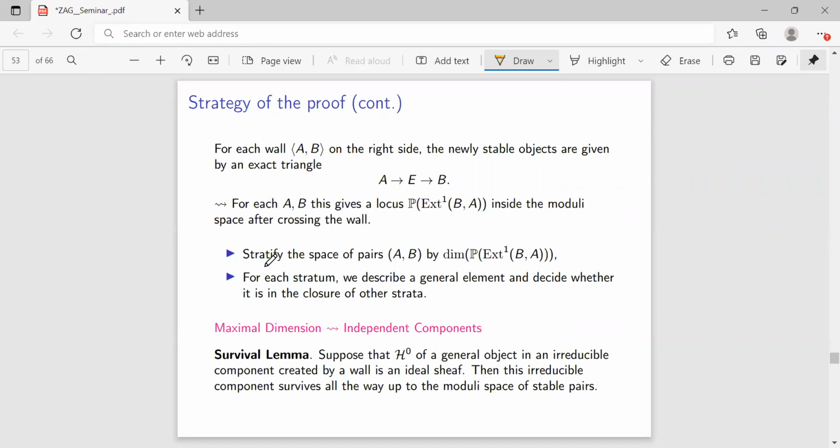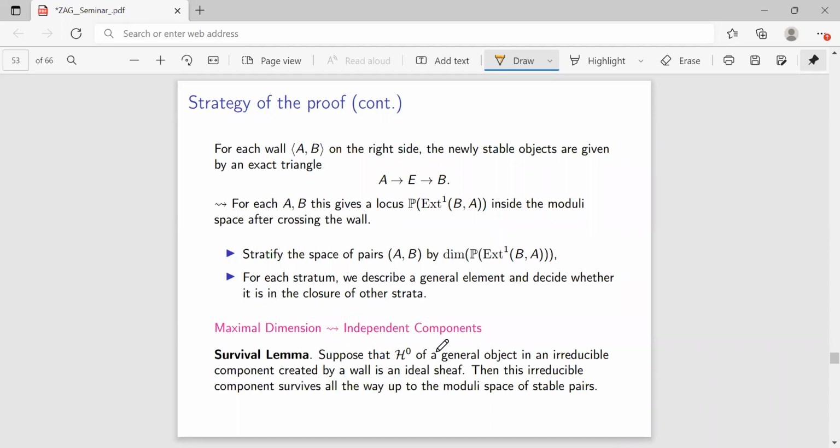And basically, we want to stratify the space of all these pairs A and B by the dimension of this locus here. And then for each stratum, we describe a general element and decide whether it is in the closure of the other strata or it has its own component. For example, if you get some maximal dimension, then that's obviously an independent component.